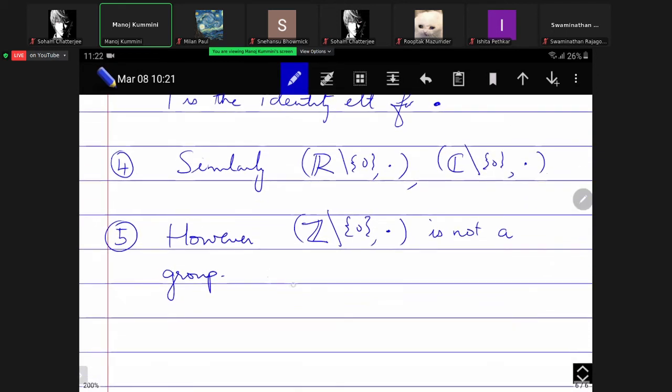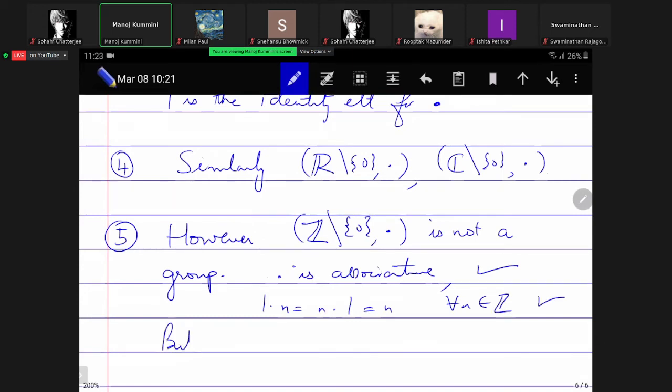So for example, okay, so this operation is associative. That is okay. 1 times n is n times 1 equals n for all n in Z. That is also okay.